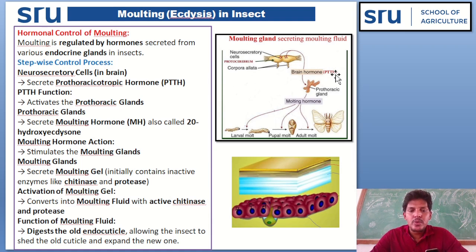This prothoracicotropic hormone activates the prothoracic gland. Upon activation, this prothoracic gland secretes or releases molting hormone. This molting hormone stimulates the molting gland, which is present in the epidermal layer of the insect body wall.